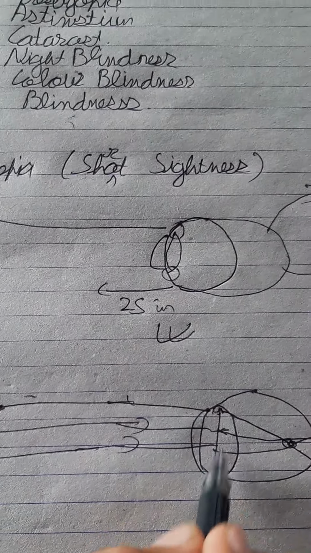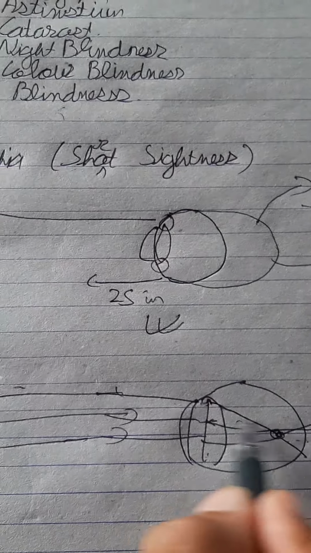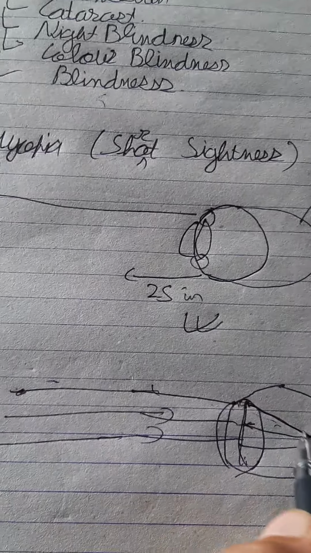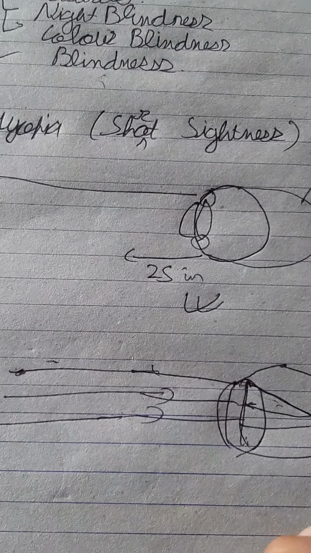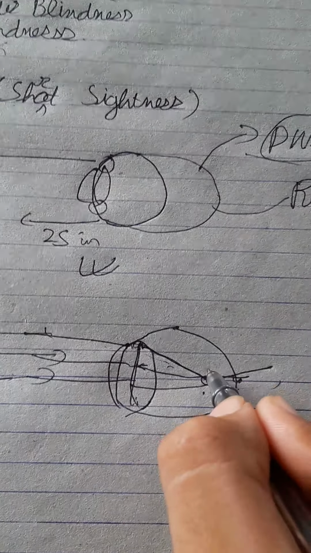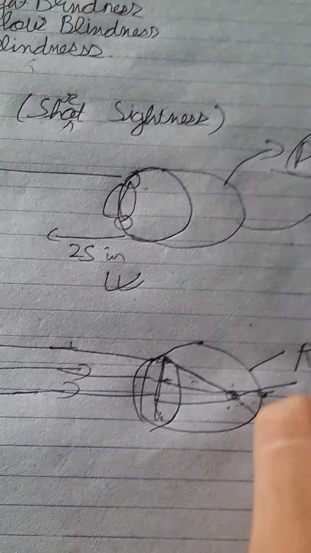Or the eyeball becomes elongated, so the image converged by the lens could not reach the retina. So there are two defects, and in either case the image could not be formed at the retina.